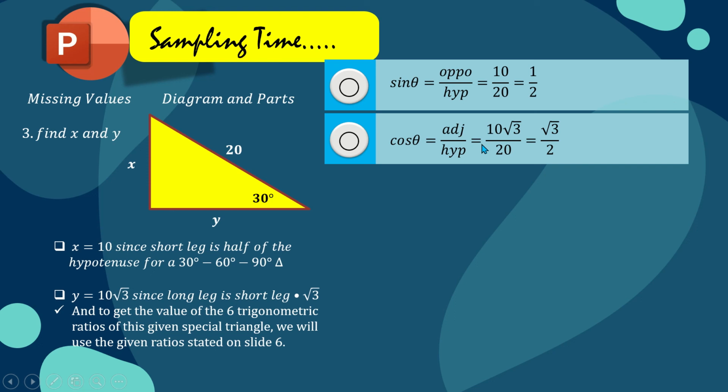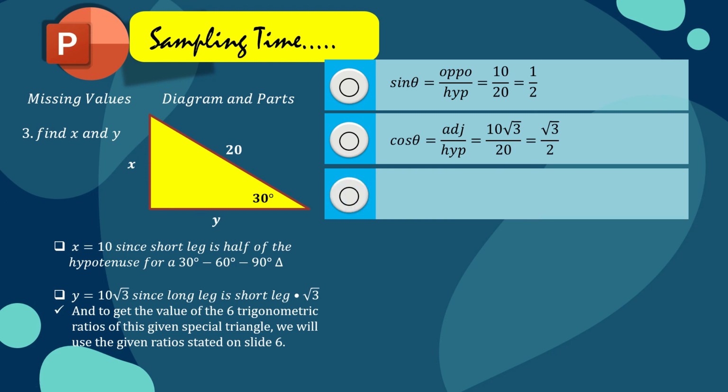Pila may divisibility sa 10 og 20? That should be 10. So pila ka 10 sa 10? 1. Pila ka 10 sa 20? 2. So since 1 man ang numerical coefficient gawas sa square root of 3, understood nga pwede ra dili isuot ang 1. Ka imaginary 1 man siya. So square root of 3 over 2 or 1/2 of square root of 3 ang answer, ang pagbasa gyud.